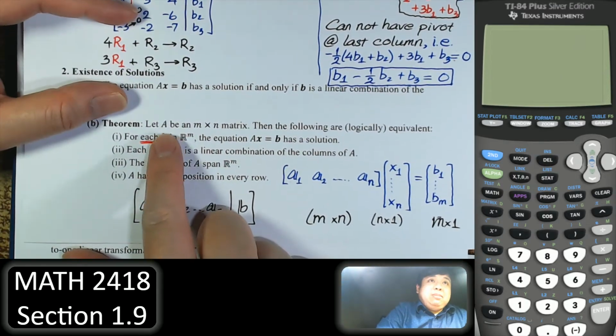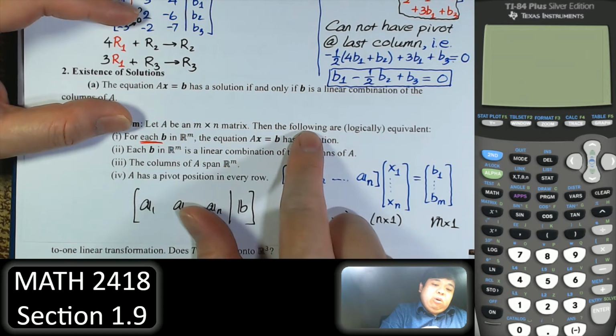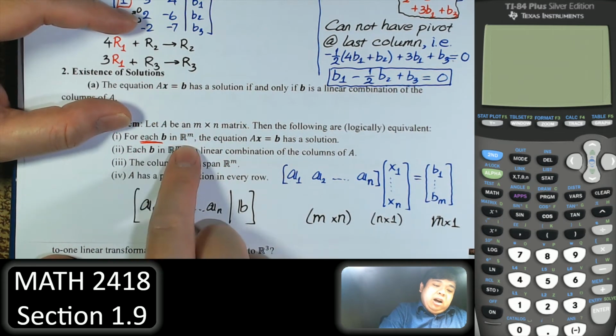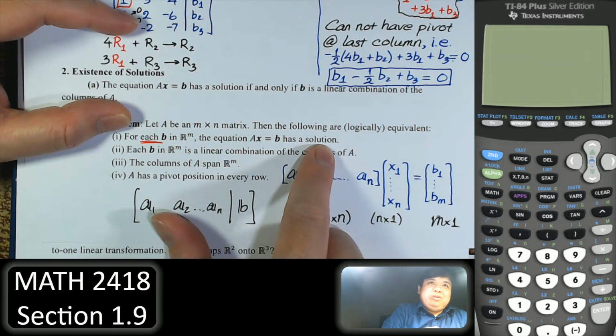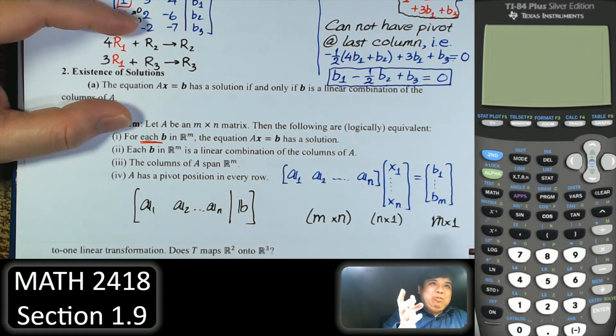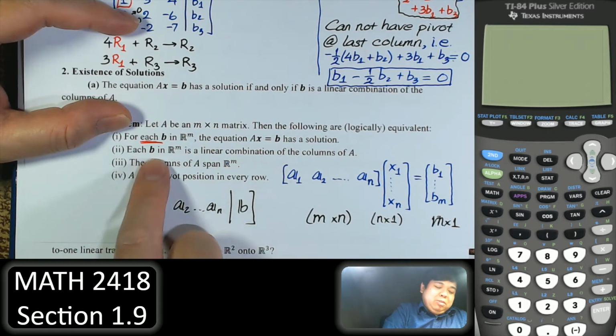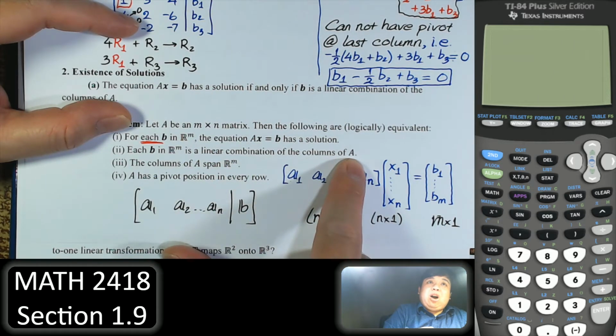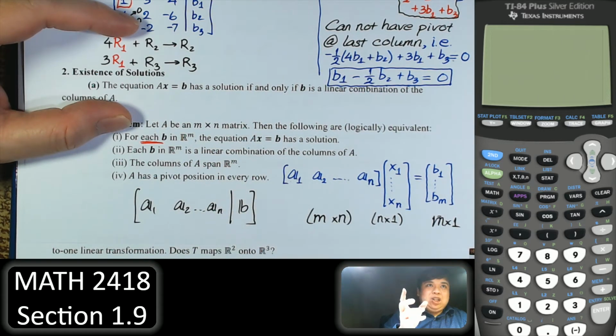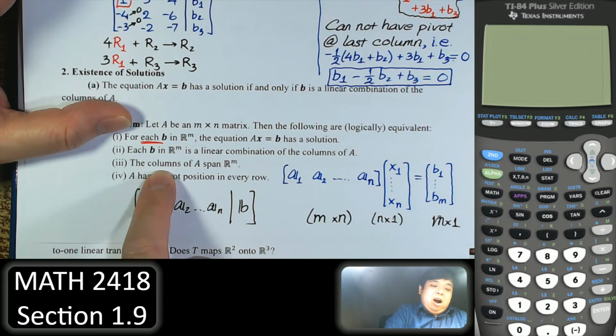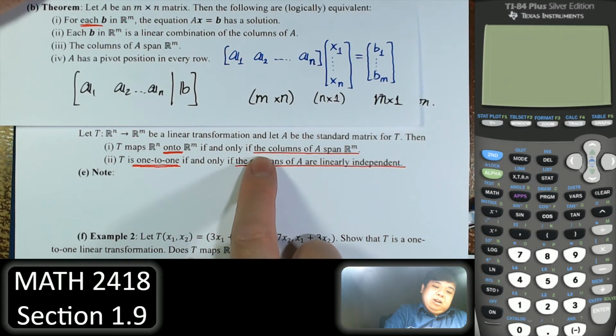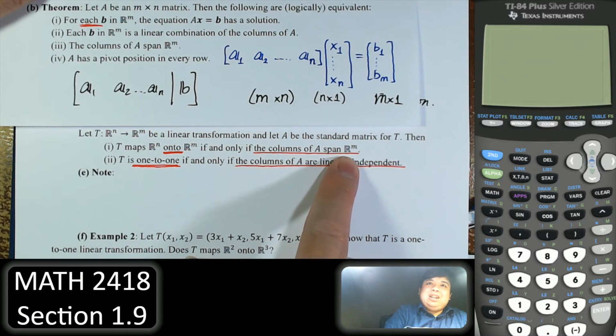Let A be an m by n matrix. The following are equivalent. For each b in Rm, the equation has a solution. So kind of like what we've been dealing with, right? Each b in Rm is a linear combination of the columns of A. So that is a linear combination. But more important, the columns of A span Rm. So exactly what we have.